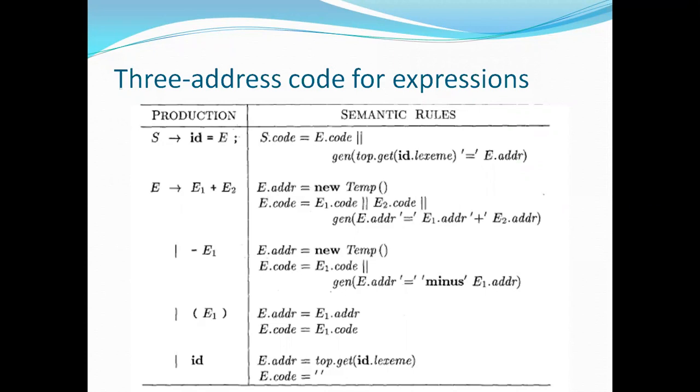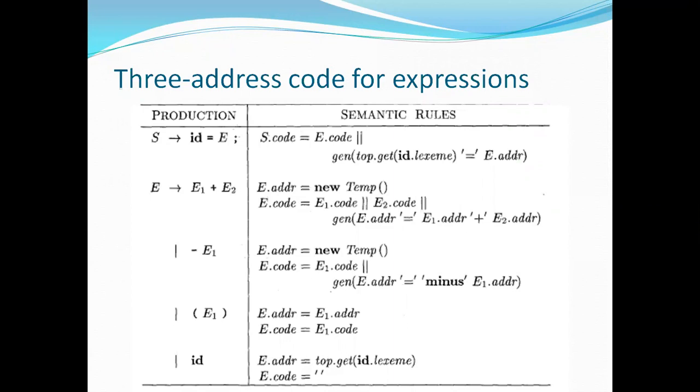And here is how the semantic actions are written. S tends to id = E. See here we are using two attributes. One attribute is code and the other attribute is address. That means every node is defined with an attribute at the writing of the semantic rules: S.code, E.code, E.address, E.code, like that, right?